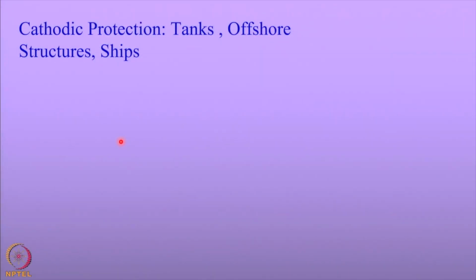Today in the lecture we will be talking about the cathodic protection of tanks, offshore structures and ships. If you look at that, the major principles as applied to pipelines are very similar.